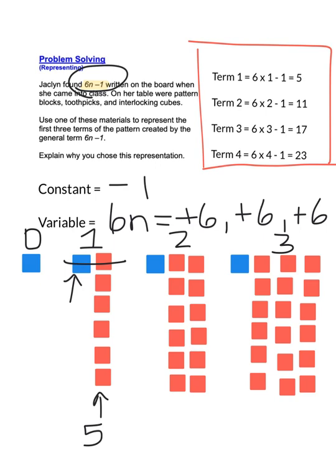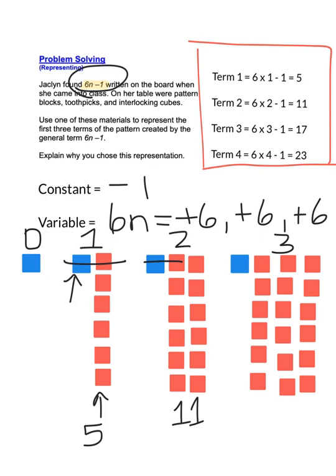In my second term, I have 2 stacks of 6 red tiles because I'm adding 6 twice for the second term. And I've still got my constant of negative 1 with my blue. These cancel each other out, and so then I'm left with 11. And the same thing here. So 3 stacks of red in my third term.